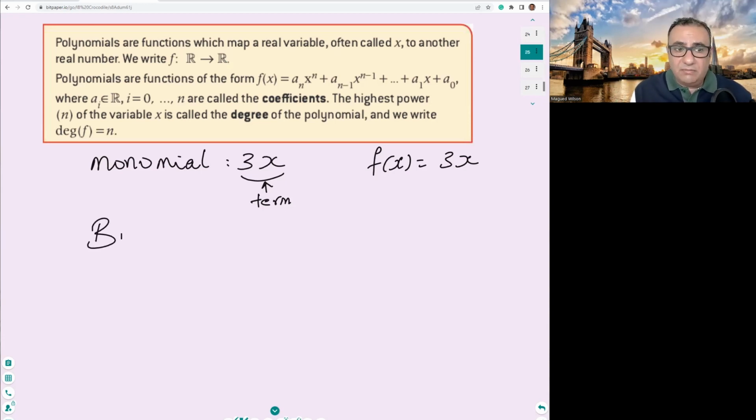Now, next, binomial. When you hear the word binomial, what does it mean? Bi means two, right? So you see two terms. Let's say x squared plus 2x.